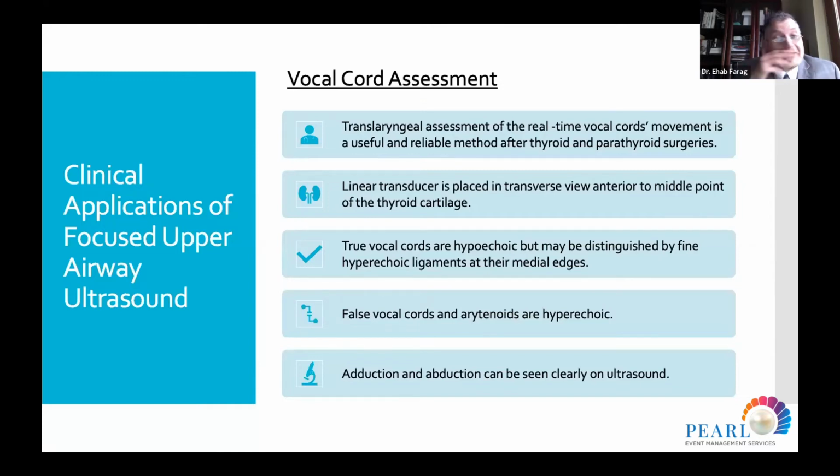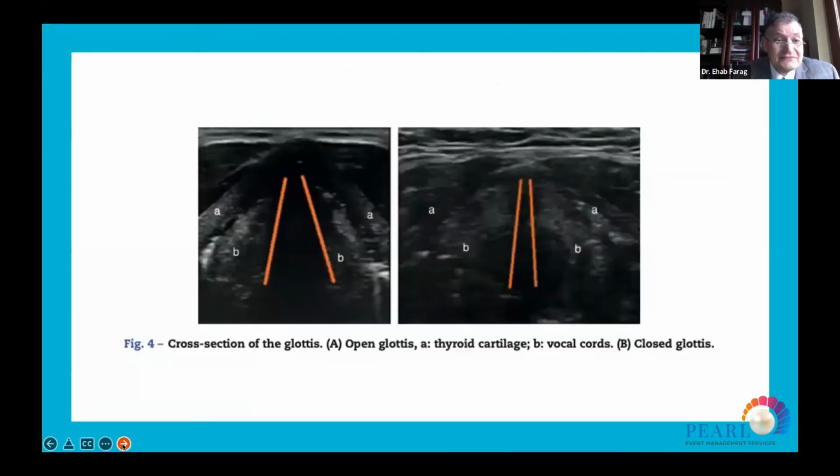Vocal cords are hypoechoic, but may be distinguished by the fine hyperechoic line, which is called the vocal ligament, at the medial edge. The false vocal cords and arytenoids are hyperechoic, and we can ask the patient to phonate, and the adduction and abduction can be seen with ultrasound.